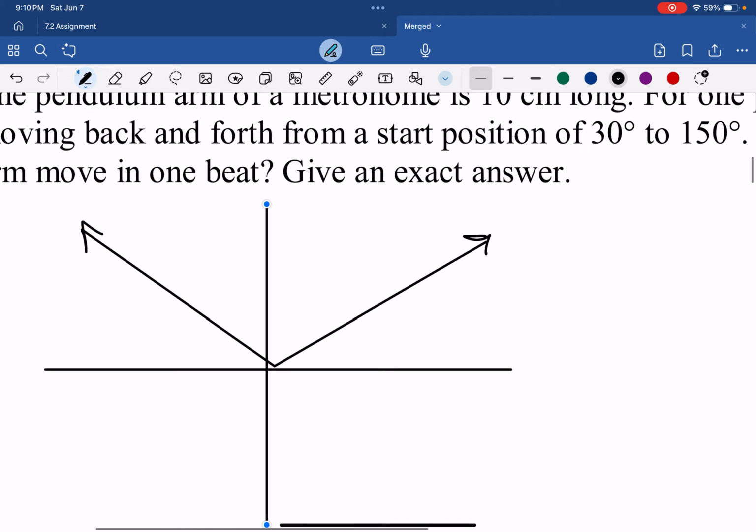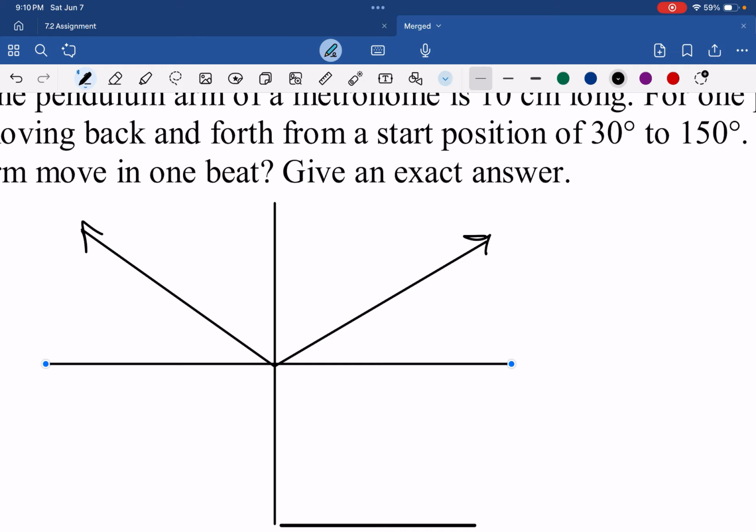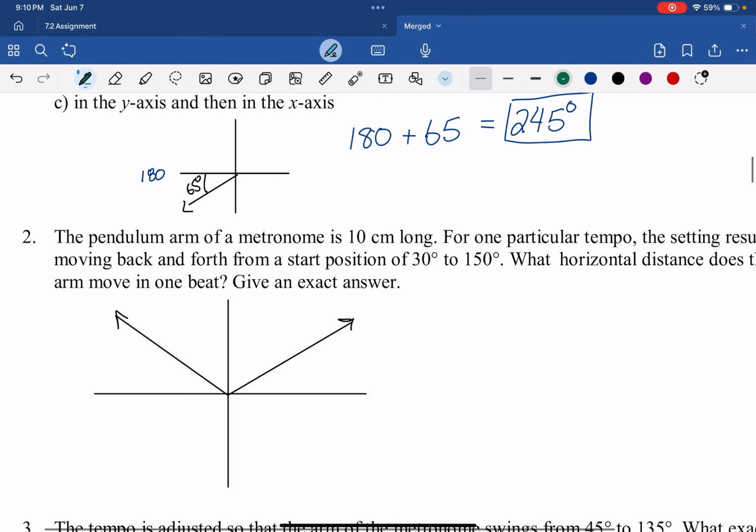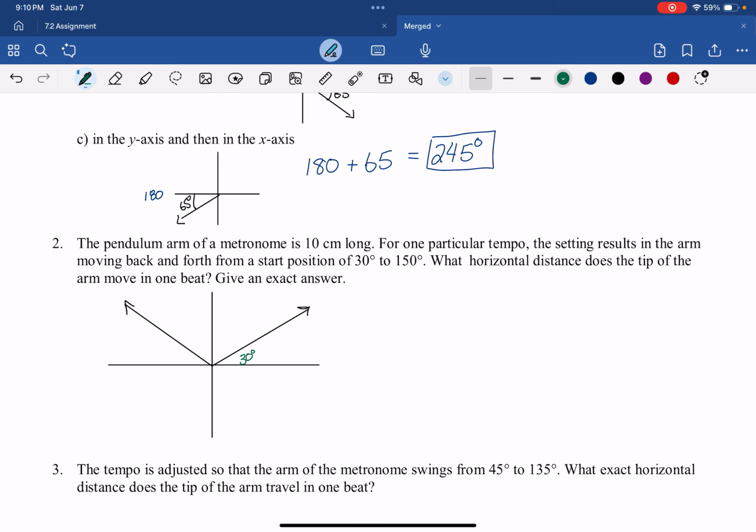We'll move this over. Okay. So what this means is that it's starting from a position of 30 degrees here, and then it's going to a rotation of 150, which means if this is at 150 degrees, if I'm thinking about what my reference angle is, I'd have to figure out, okay, what's between the 180 and 150? So this will be a 30-degree reference angle as well.